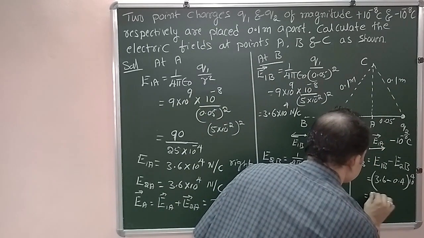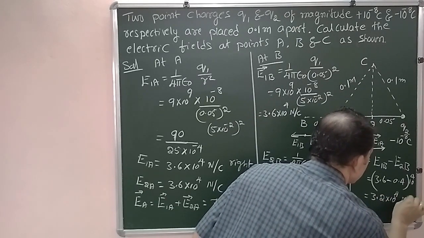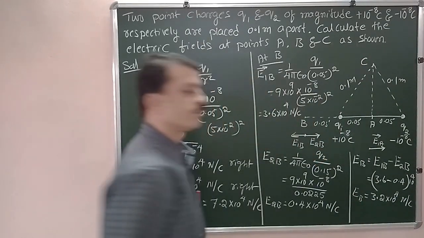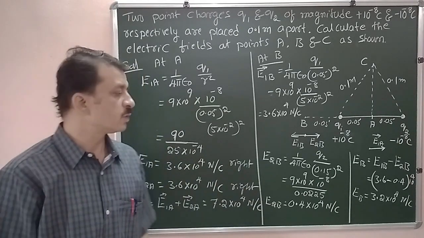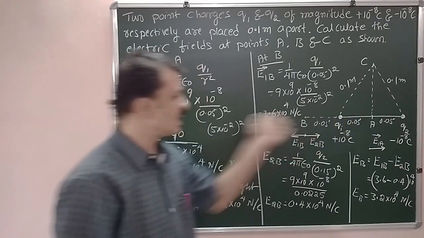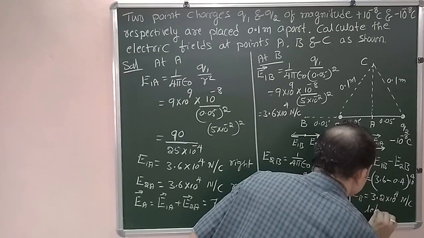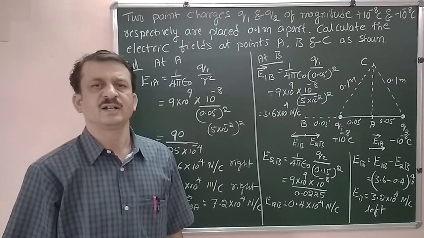Therefore EB is 3.2 into 10 to the power of plus 4 Newton per Coulomb. Its direction is towards the left side.